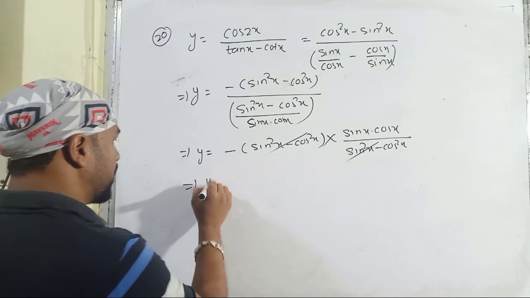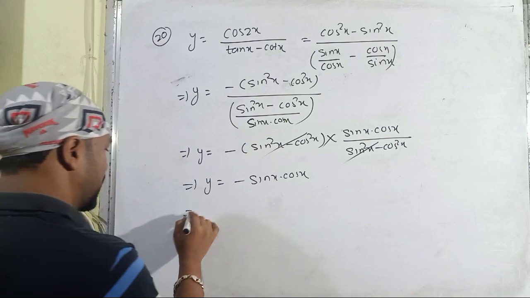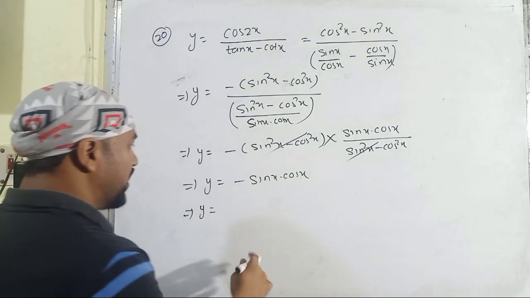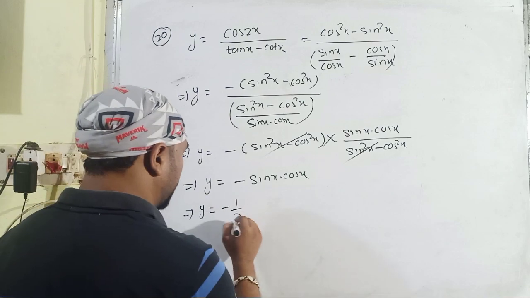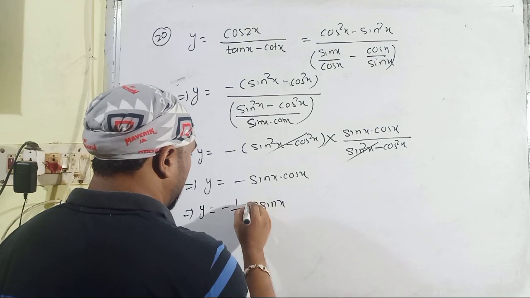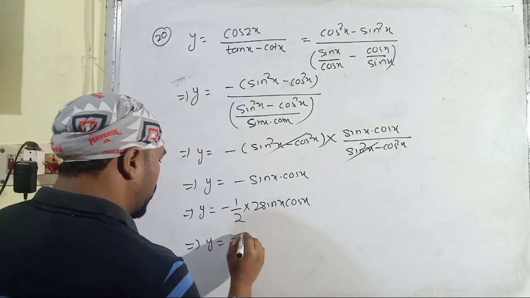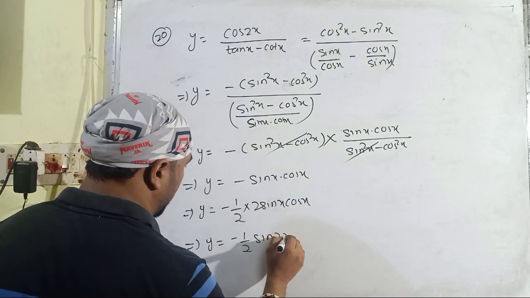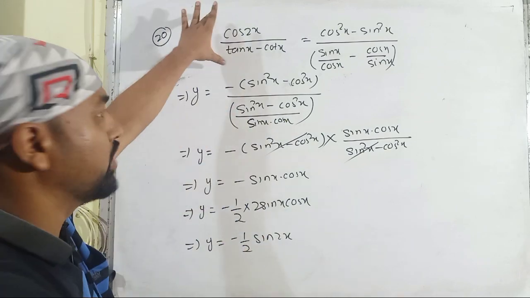The remaining terms are y is equal to minus sin x multiplied with cos x. Again dividing and multiplying a 2 in the right hand side, we have minus 1 by 2 multiplied with 2 sin x cos x, which will be equal to y is equal to minus 1 by 2 sin 2x. Now it is the simplified form for the given problem.